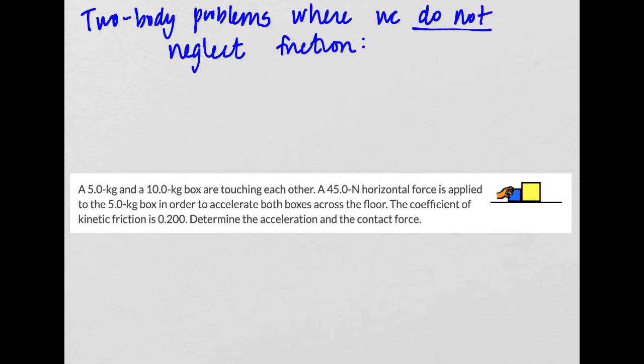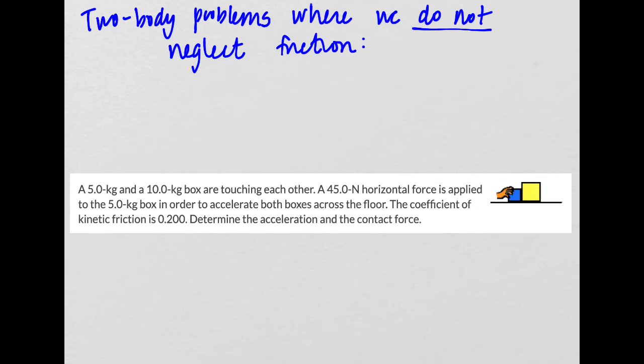So what we're going to look at next is some problems where we don't neglect friction. And this is more like what you're going to see on the quiz, because in the real world, friction is not negligible, right? We can't just pretend friction doesn't exist when we're pushing two boxes across the floor. The floor has friction, right?